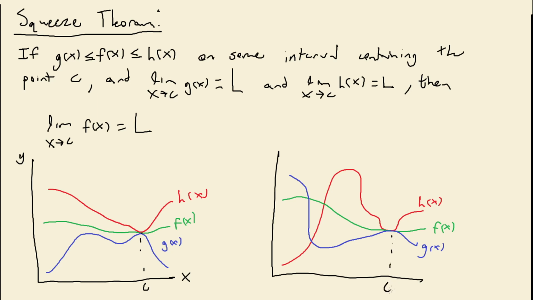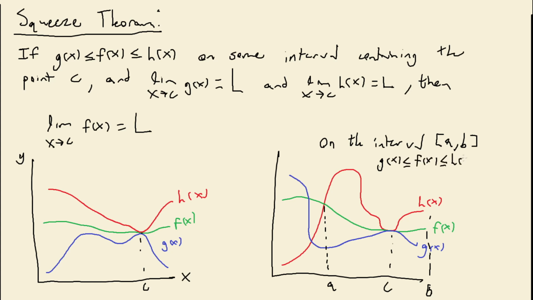It's basically the same graph. But here, what we want to emphasize is that we're talking about intervals. So even though g of x is greater than both of the functions at this point, if we draw another point here, and the other point can end anywhere, it could be over here, and we say that this is A and B, then we can say on the interval from A to B, the value of g of x is less than or equal to f of x, which is less than or equal to h of x.